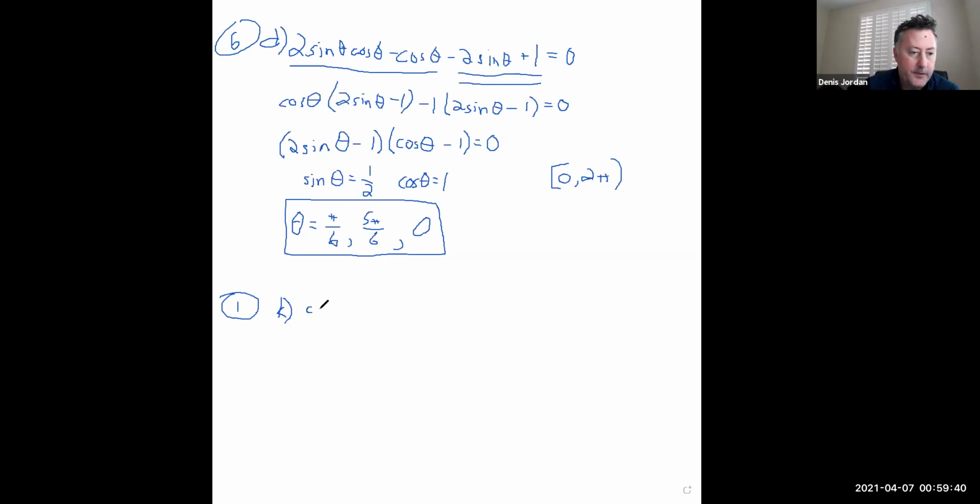So cosine of 20 degrees and cosine of 160. Okay, so cosine of 20, where would you actually put 20 degrees? Which quadrant? Quadrant 1.